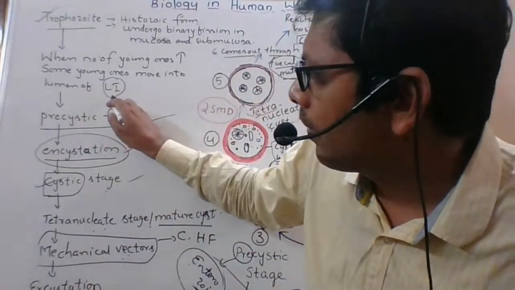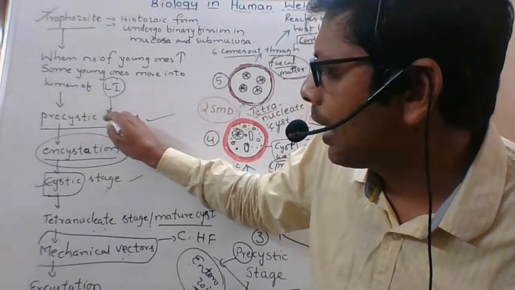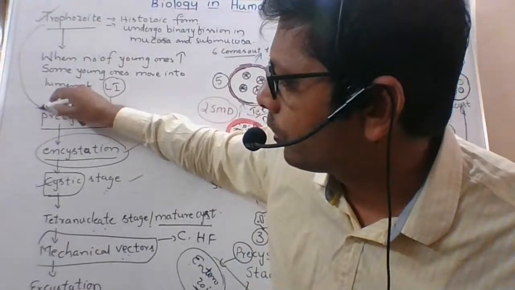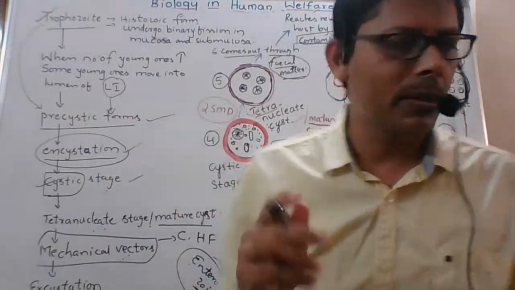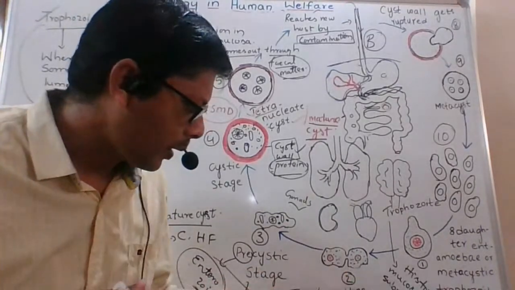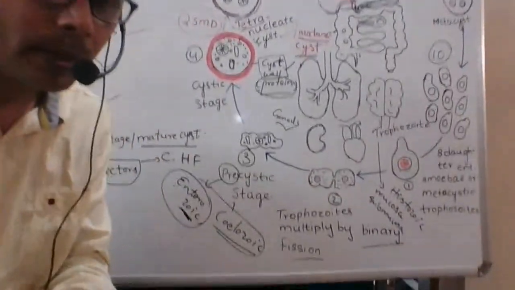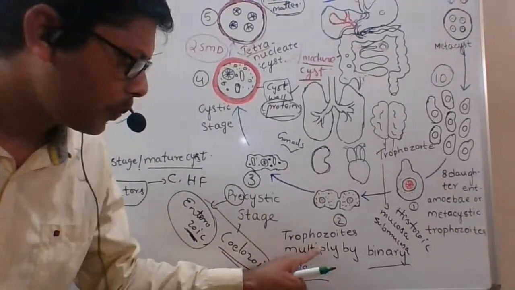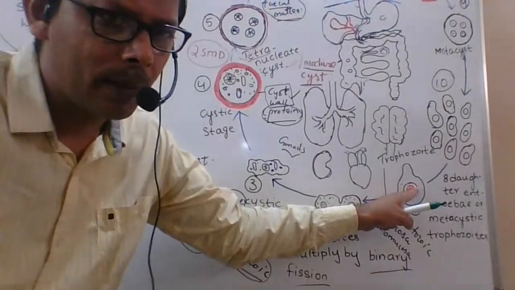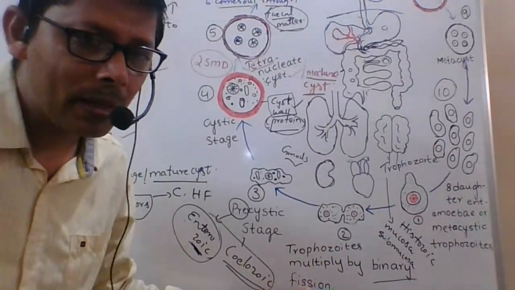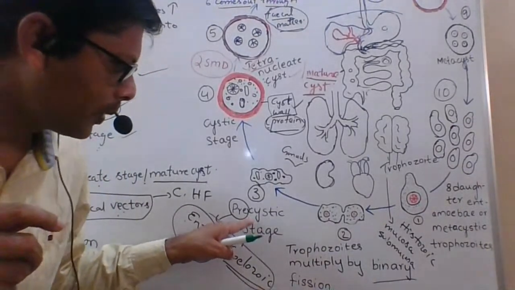Okay, now when they enter the large intestine, they transform from the trophozoite stage into the pre-cystic stage. Trophozoites multiply by binary fission, and what do they form here?